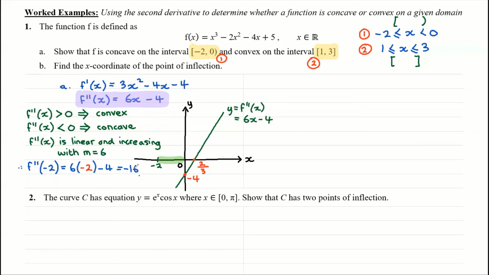Okay, so that checks out. That's negative. And if we put in f double dash of 0, but remember 0 is not included, so anything less than this, 6 lots of 0, well, we've already worked that out. It's the y-intercept, but we'll do it anyway. -4, which is also negative.